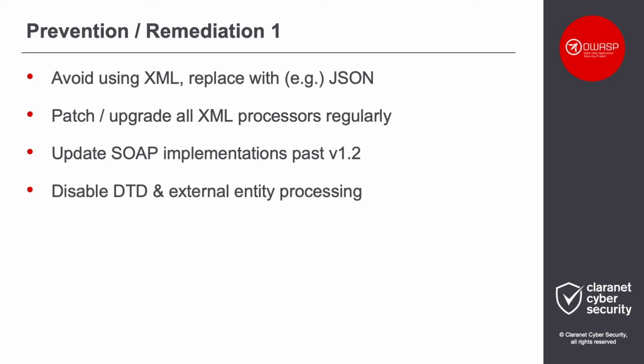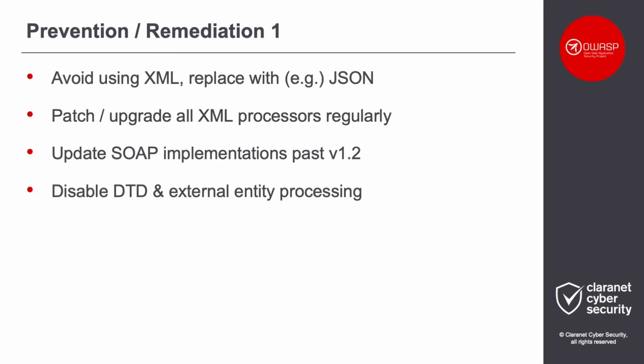So looking at prevention and remediation, the first and probably most valuable and secure way of doing it is to avoid using XML and replace it with a more modern technology such as JSON, for example. JSON comes with its own set of vulnerabilities. However, XML is generally pretty outdated, has a lot of overhead, etc. And complete removal of it and updating will completely remove this vulnerability category.